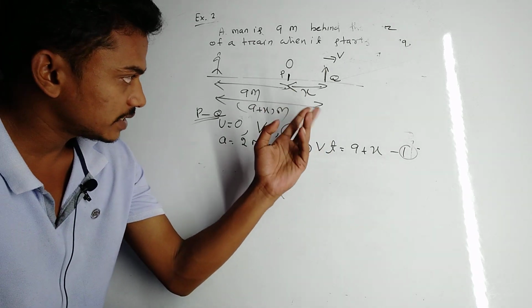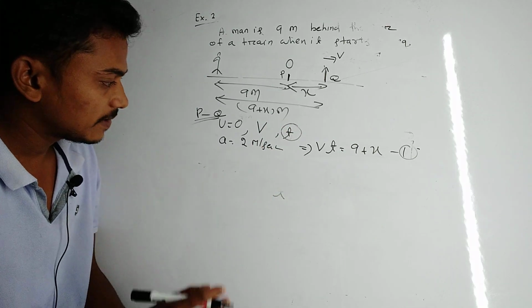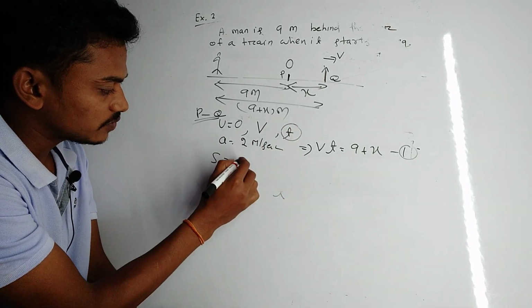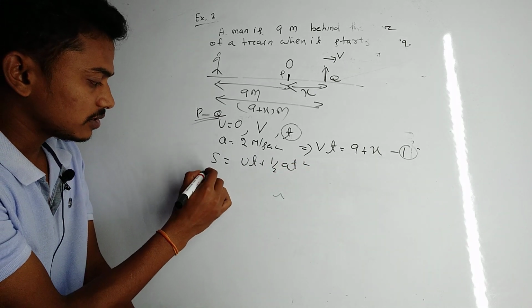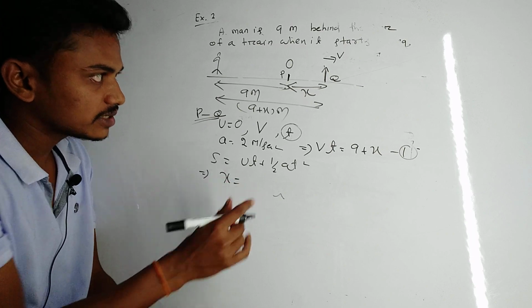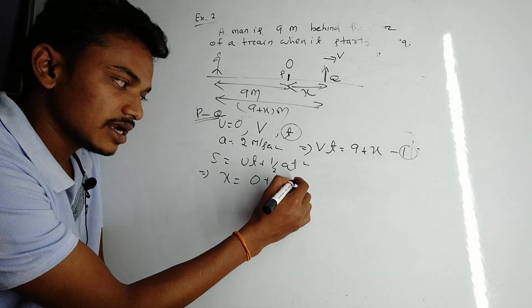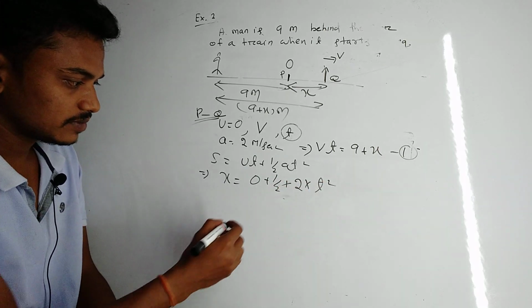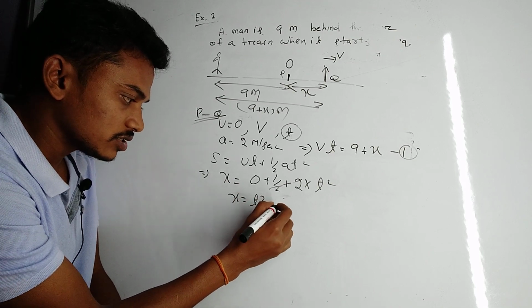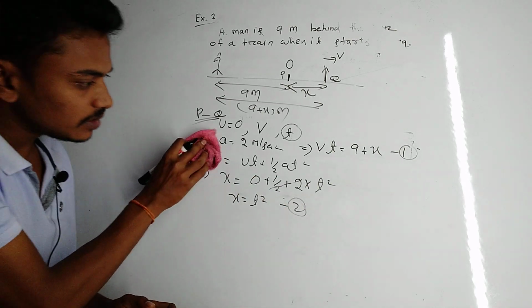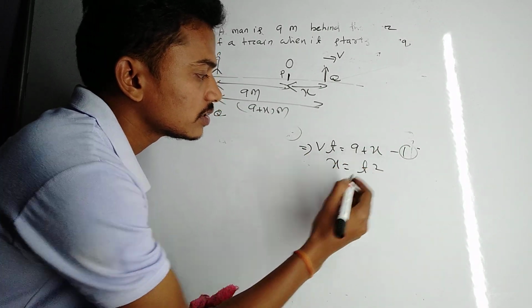During the distance x meter the train covers, the time is t. So we can use s equal to ut plus half at square. That implies s, the distance x, equals 0 plus half into 2 into t square. The 2s cancel out, so x equals t square. This is equation 2.